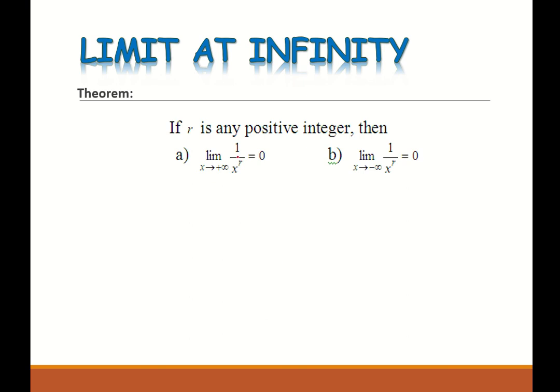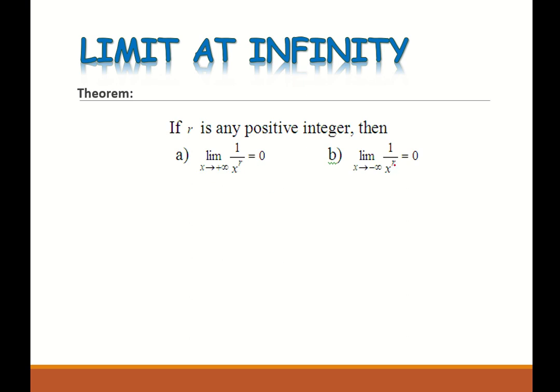The reason is that x is a very huge number, and now you have to raise this huge number to another power, so that makes the whole number a very, very big number. So 1 divided by a very, very big number gives a result equal to 0.